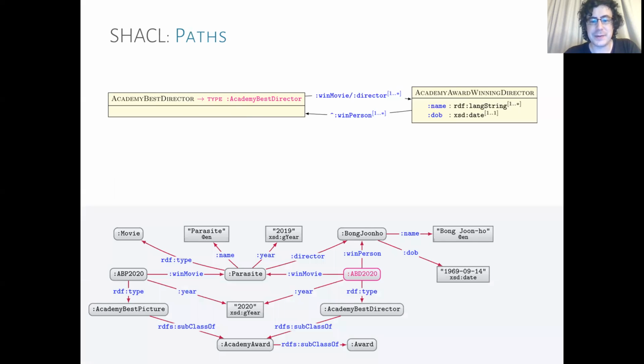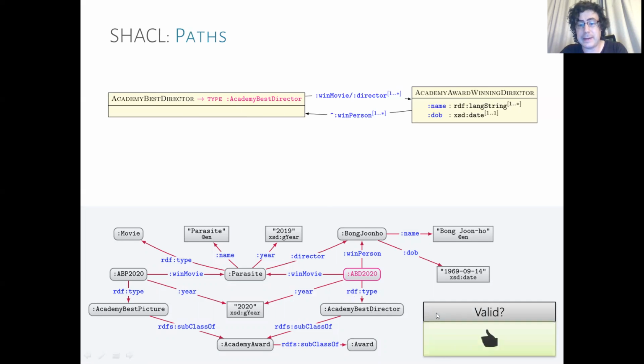Okay. So what about this example here? Well, this will be targeted because it's of type Academy Best Director. Is it valid? It's valid. Okay, so why is it valid? We see that actually in this case, we're not asking for names or anything in particular. So this is the Academy Best Director, and we would expect there to be at least one value for Win Movie Director.